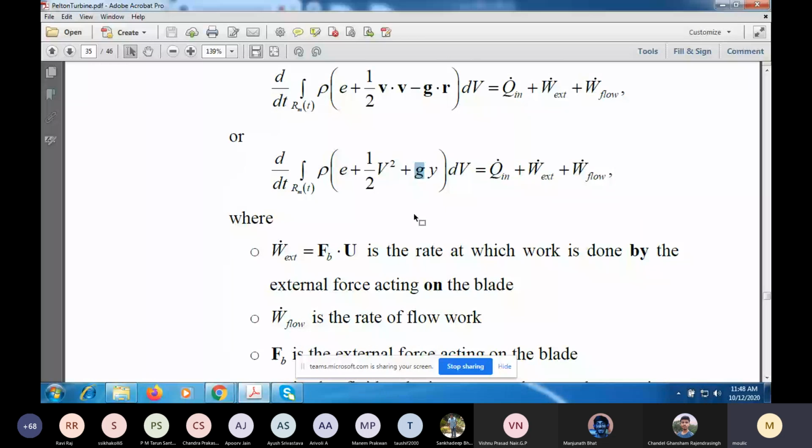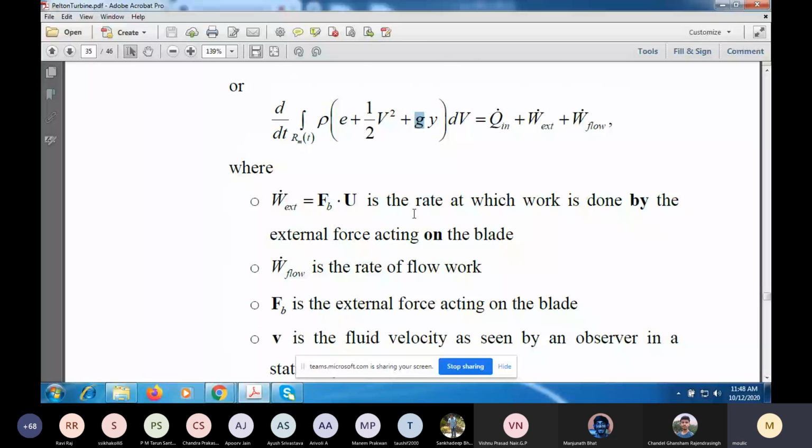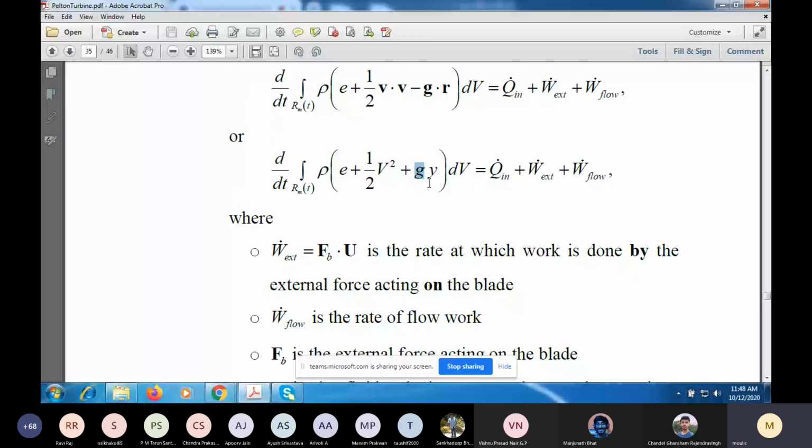Now what I want to emphasize is that when I look at this external work done by the external force, work will be done only if there's a displacement, and that will depend on your observation frame.